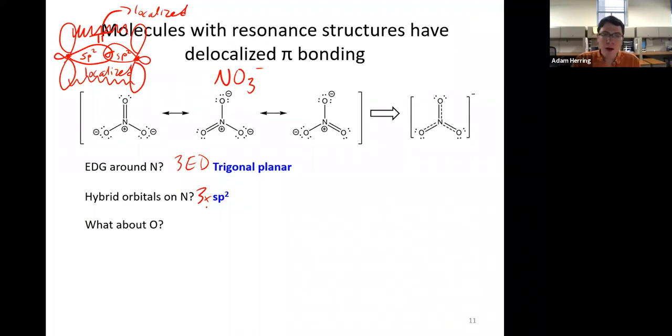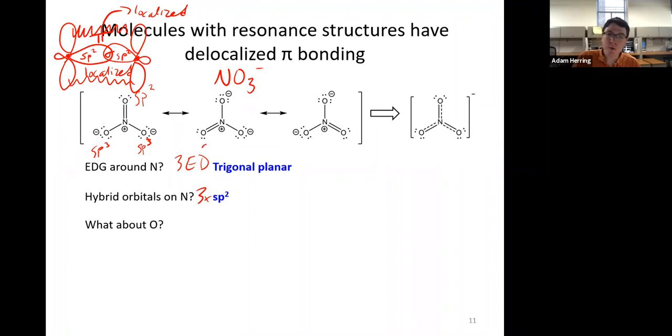Okay? Well, what about the oxygen atom? It looks, in this case, like we have sp2, sp3, and sp3.